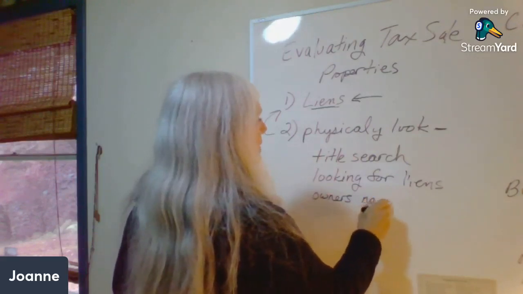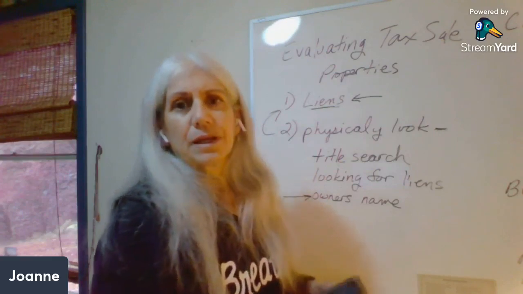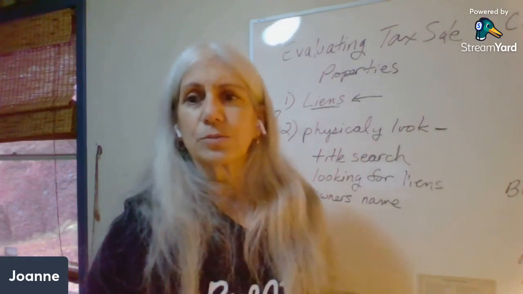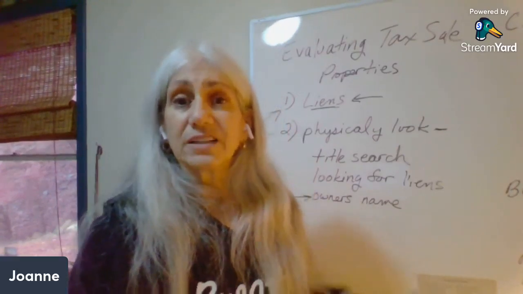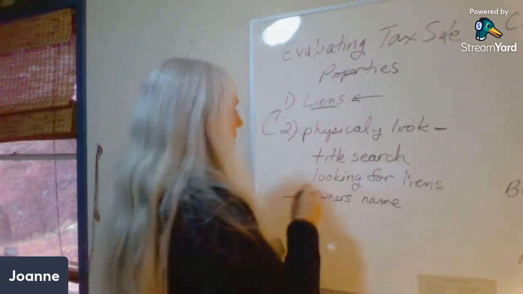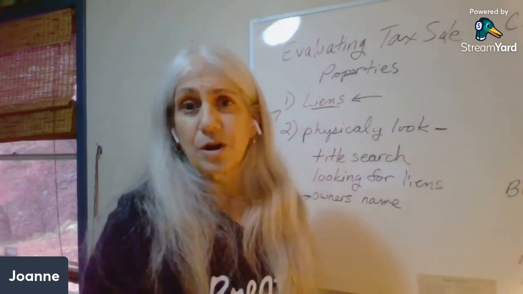So you're going to go into the public records and search the owner's name. If there are 2 owners, you want to search both their names, and you're looking for what's filed against them, because that will be filed against the property if they are the owners of the property.